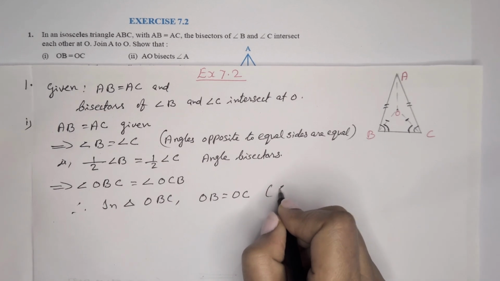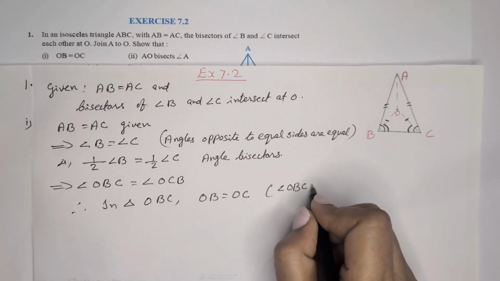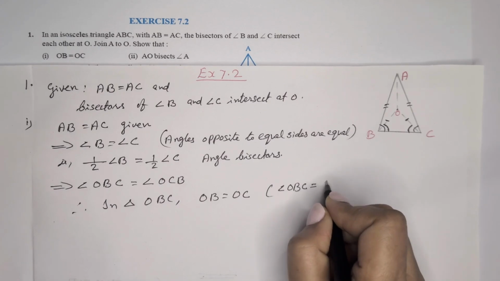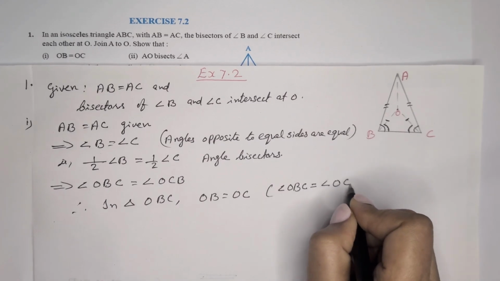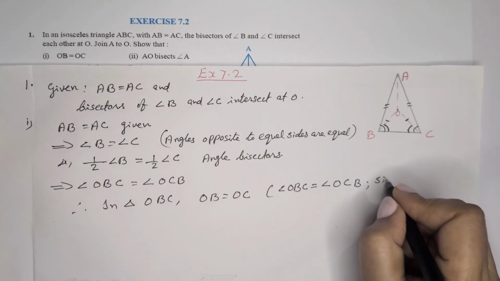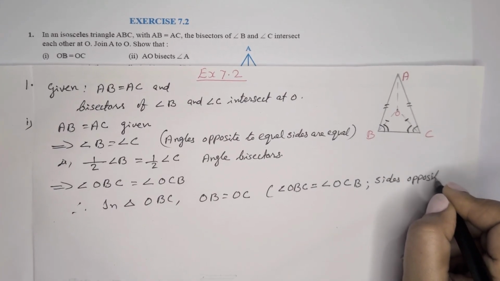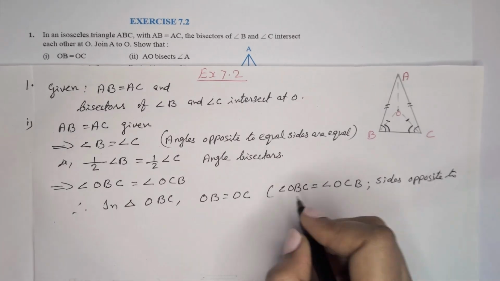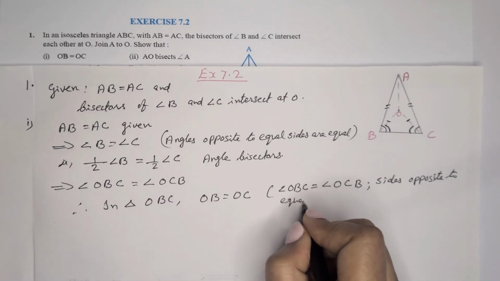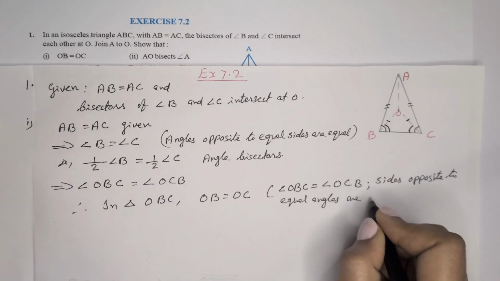Reason is angle OBC is equal to angle OCB, then sides opposite to equal angles are equal.